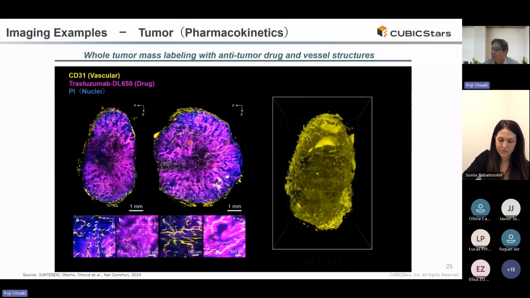And as you can see here, surprisingly, the distribution of this drug was completely inhomogeneous inside the tumor. That suggests the tumor microenvironment may affect the efficiency of drug delivery and the penetration at each position of the tumor.